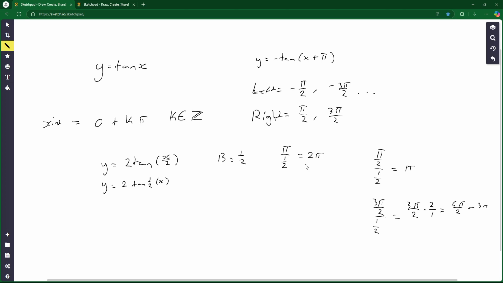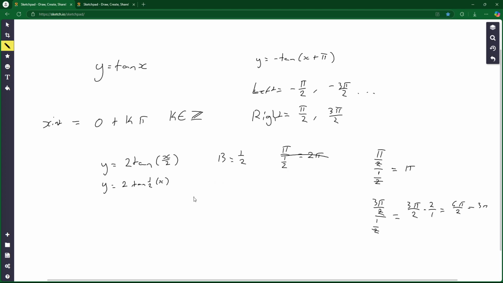So we have pi over 2 over 1 over 2, which is just going to equal pi, because 2's cancel out, and that just leaves you pi over 1. That equals pi. 2's cancel out here, leaving you with 3 pi over 1, which would just equal 3 pi.